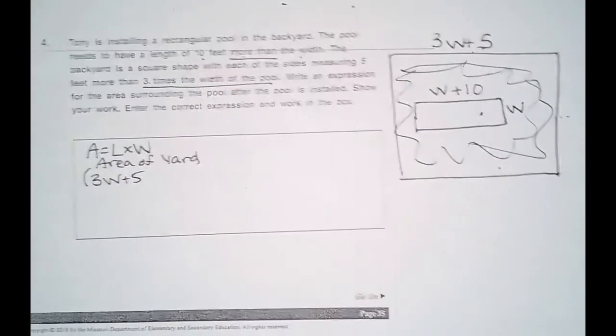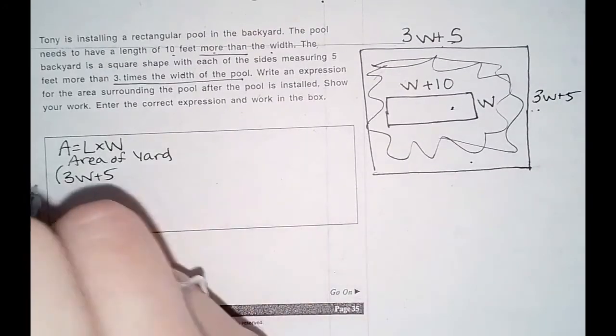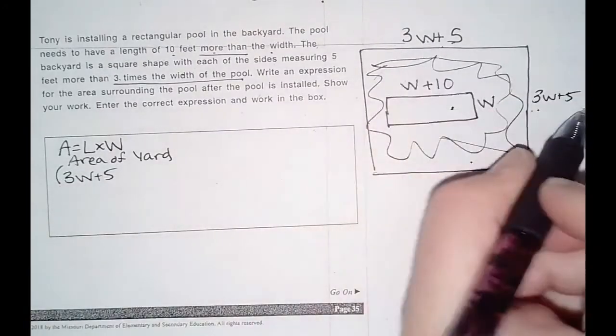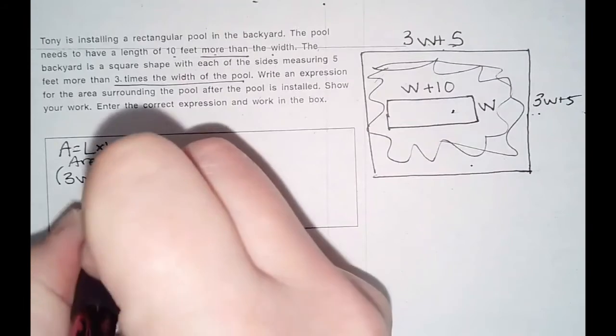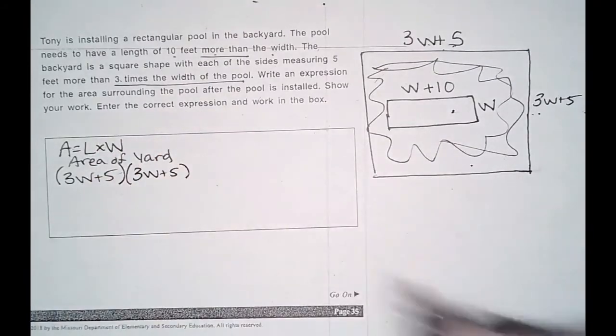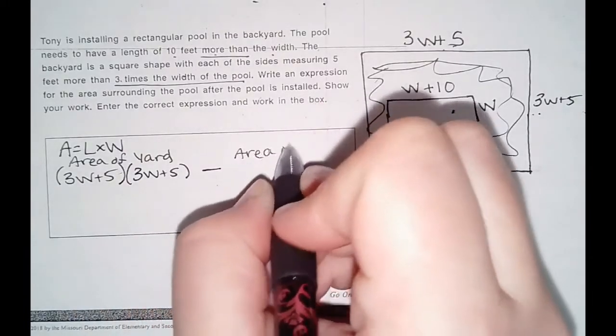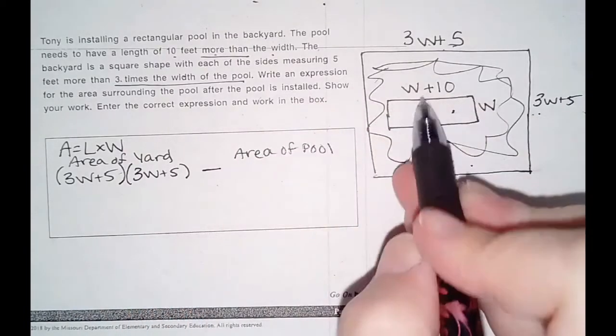So area, length times width, is 3W plus 5 times 3W plus 5. And I'm going to take away the area of the pool, so that is W times W plus 10. So minus W times W plus 10.